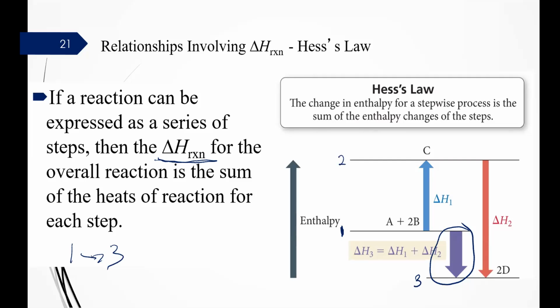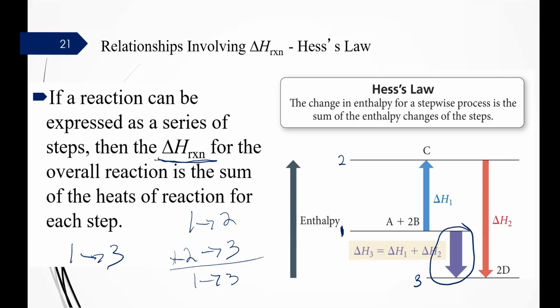Instead, we have the change to go from 1 to 2, and then from 2 to 3. Because enthalpy is a state function, if we want to find the difference from 1 to 3, all we need to do is look at the change of 1 to 2, add that to the change of 2 to 3, and then we can go all the way from 1 to 3.